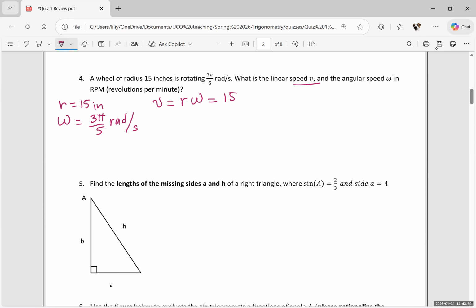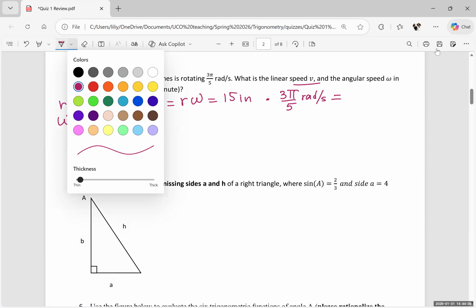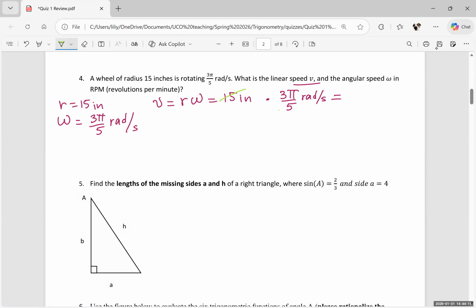So this is just 15 inches times 3 pi over 5 radians per second. 5 and 15 will reduce by 5. This is 1, this is 3. So this is just 9 pi inches per second. That is your linear speed.